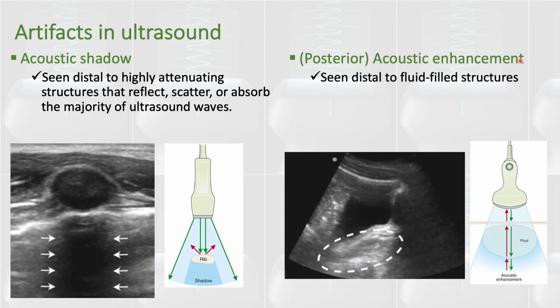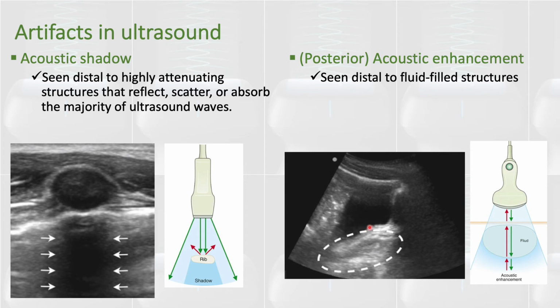The posterior acoustic enhancement is seen distal to a fluid-filled structure. For example, here, I'm assuming this is a gallbladder, and the urinary bladder and gallbladder are the two most common structures where you might see this artifact.